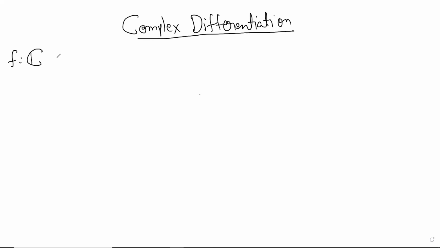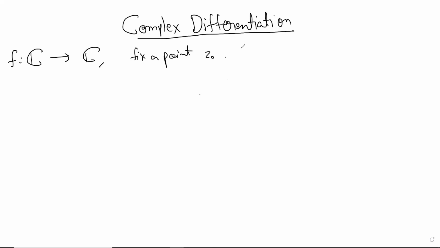So we're looking at functions from C to C. To be very precise, sometimes it's enough to take it from a subset of C to C. Usually we take some special kinds of subsets, but for the time being, let's just take C to C. Then we fix a point, let's say z naught.